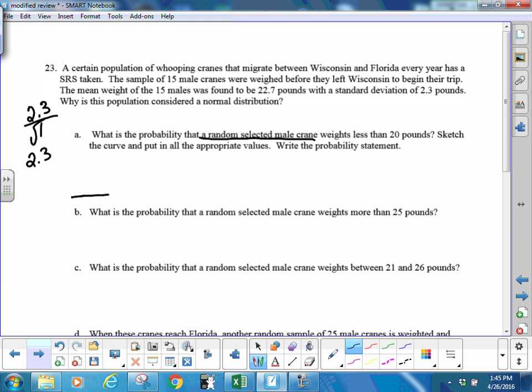Now that we've got that out of the way, let's go ahead and sketch, it asked for a sketch. The mean weight is 22.7. And what is the probability that they're going to weigh less than 20 pounds?